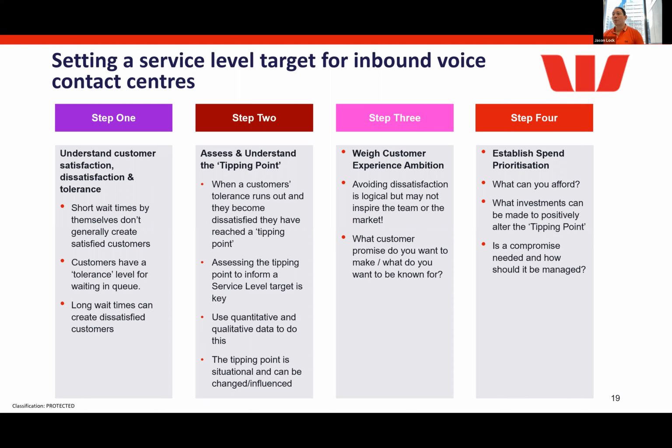So you can start to understand where the customer tolerances lie for different interaction types. As I mentioned, a term deposit rollover question, or a lending question, typically has a low tolerance. A basic query about account balance might have a high tolerance or a low tolerance.